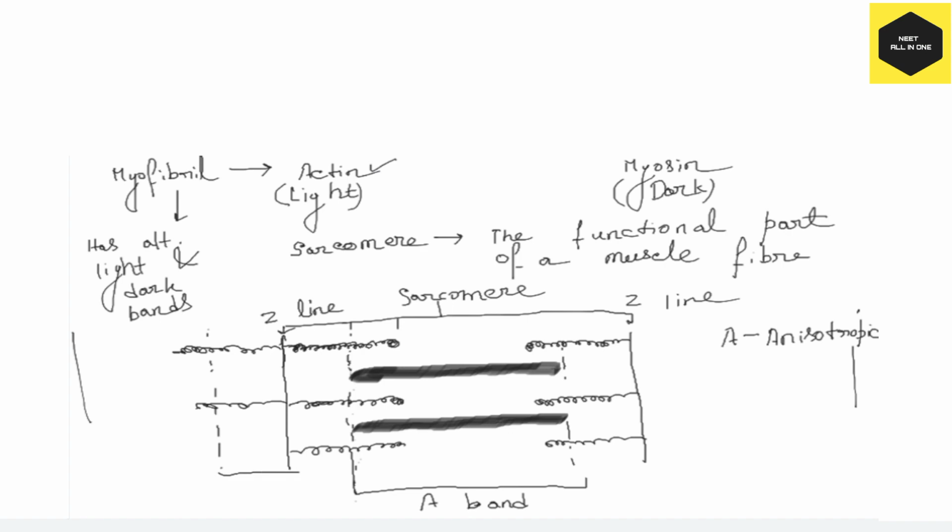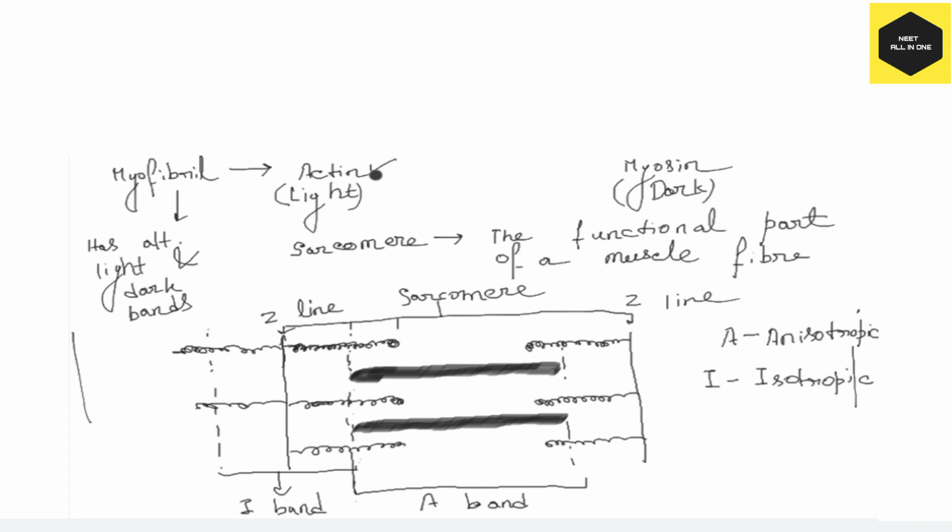This area will be known as the I band or the light portion. I stands for isotropic.